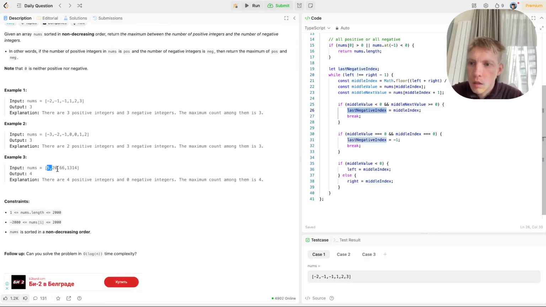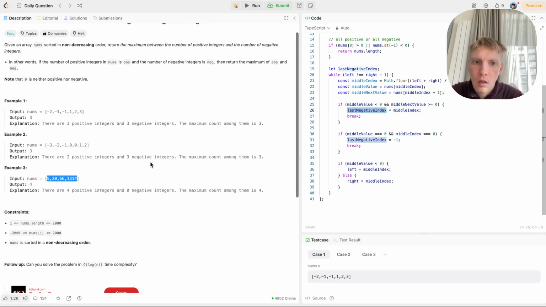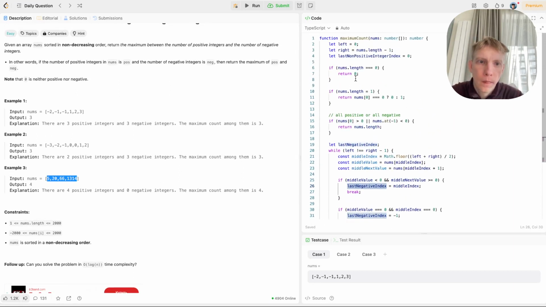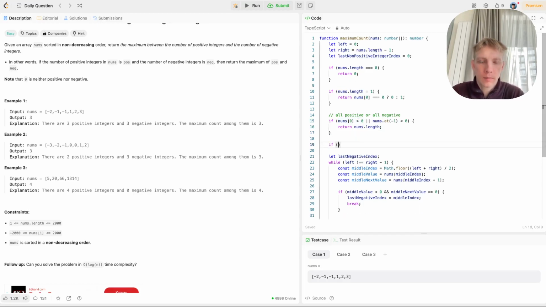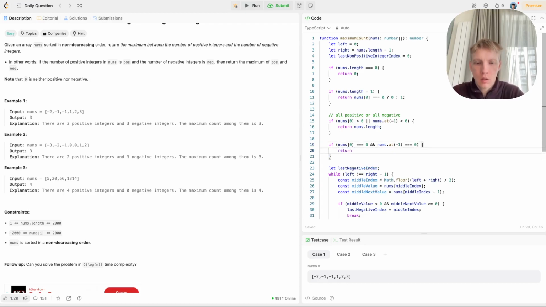And here we're meeting this condition. Yep. I would also add as if nums 0 equals to 0 and nums at minus 1 equals to 0, then we will return 0.